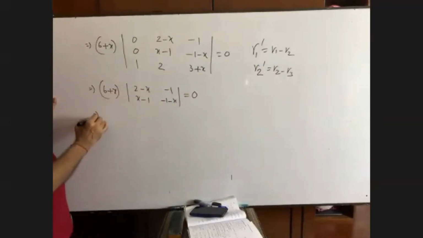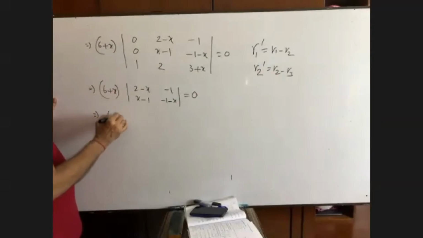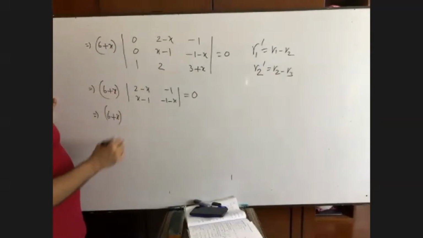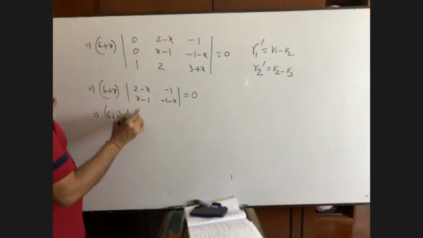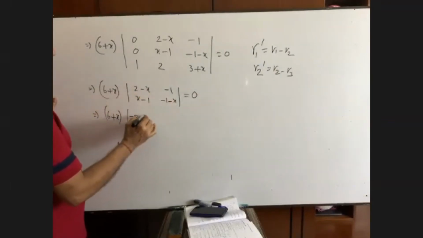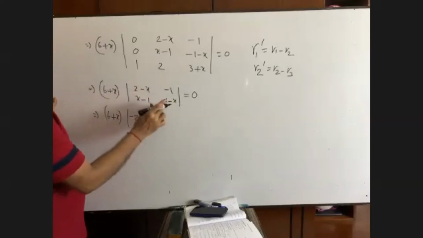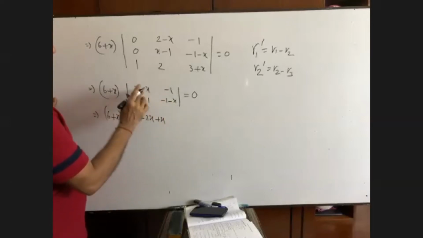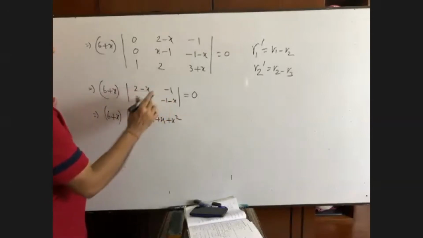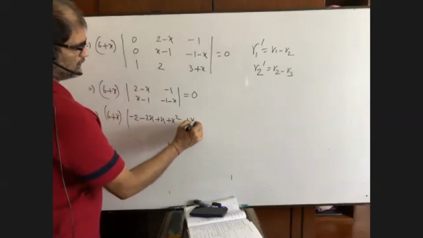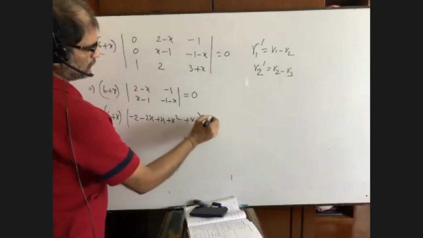That means we are getting 6 plus x, okay, 2 into minus 1, minus 2, 2 into minus x, minus 2x, minus x into minus 1, plus x, minus x minus x, plus x square. This is minus minus plus, x minus 1 equals 0.